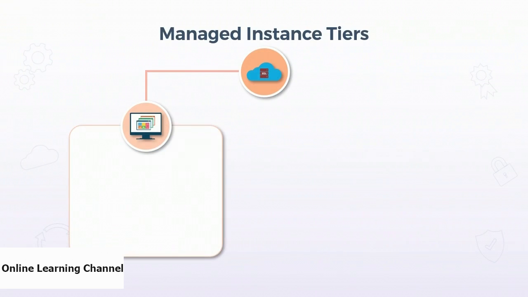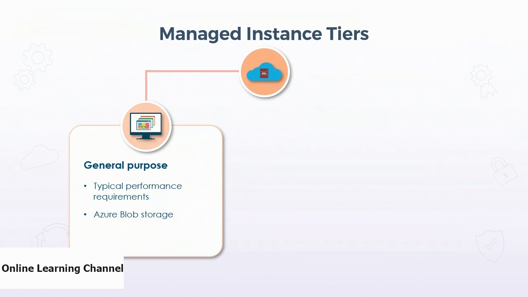SQL Managed Instances have two tiers to choose from. Both tiers have high 99.99% availability and allow you to configure resources such as storage and compute capacity. General purpose is for solutions requiring typical performance. It uses Azure Blob Storage, which has built-in high availability.